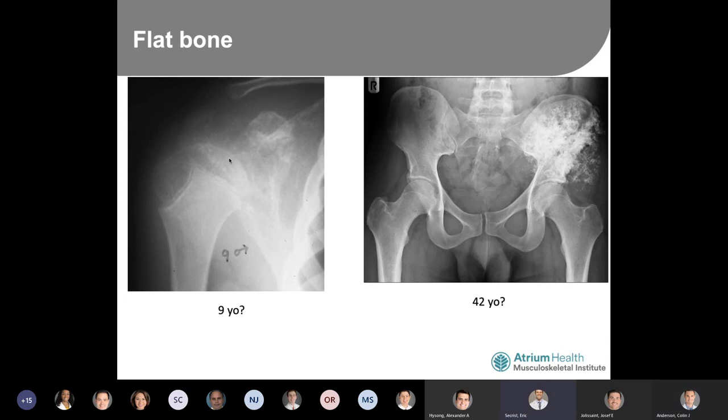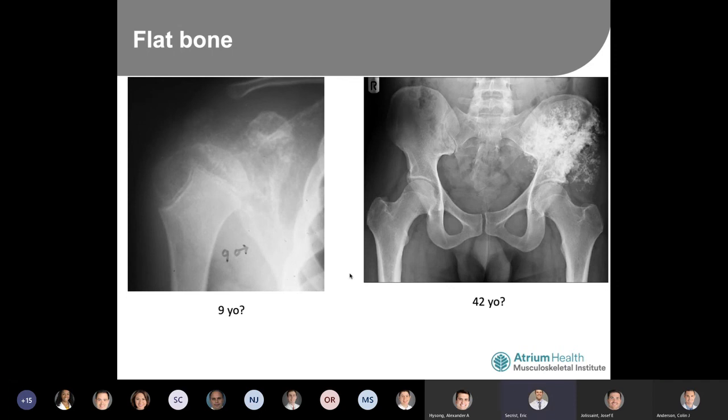And looking at the glenoid initially, we've got kind of poorly circumscribed changes throughout the glenoid. I can't tell if that's honestly the quality of the X-ray or a lesion itself there.